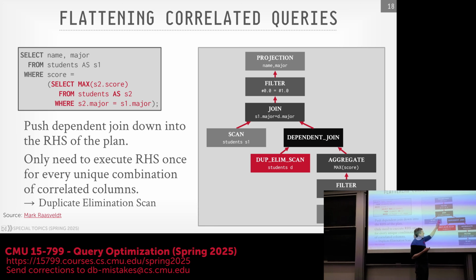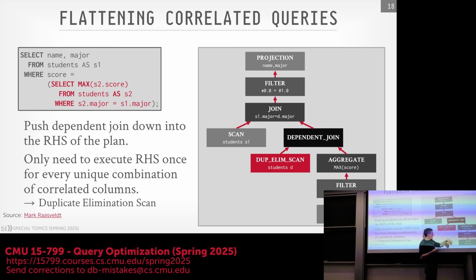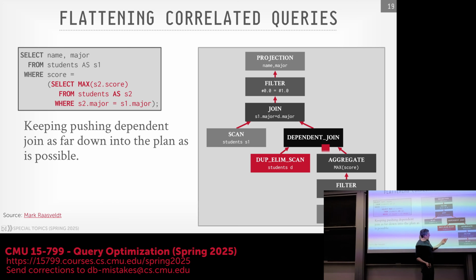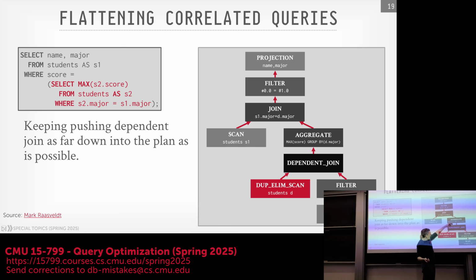So going back here, now I'm going to do my join. I'm going to match up on major here. The dependent join here is just making sure that I see everyone that I expect to see, almost like a left outer join. And then this is doing the aggregation I need for the score, right? So when I push this down further, the aggregation goes above.